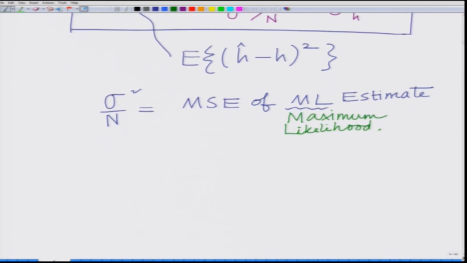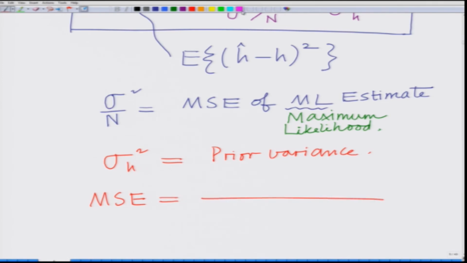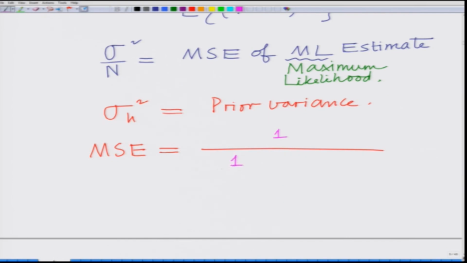Similarly, sigma h square is the prior variance. Therefore, the MSE is nothing but 1 over the mean squared error of ML plus 1 over the variance of the prior.